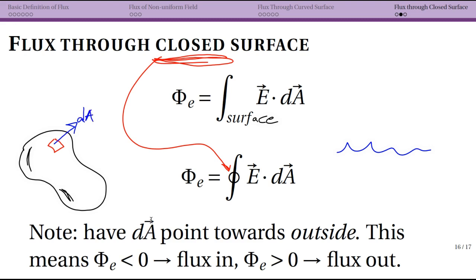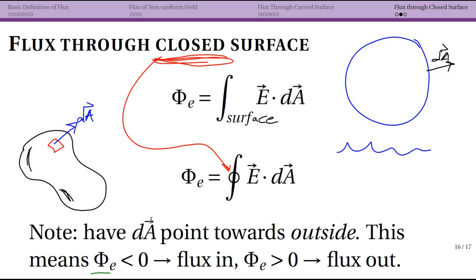That's my dA. You don't want to have it pointing towards the inside, right? If I imagine looking at a sphere, dA needs to point out. It needs to not point in. And this is really just a convention, but again, all of our equations assume this convention.